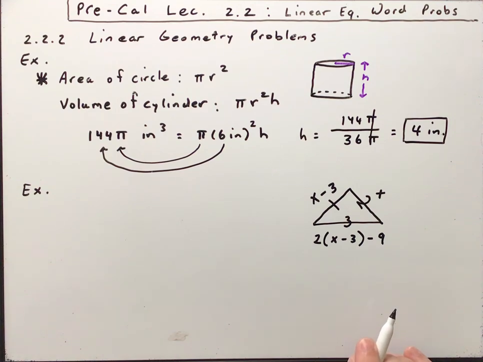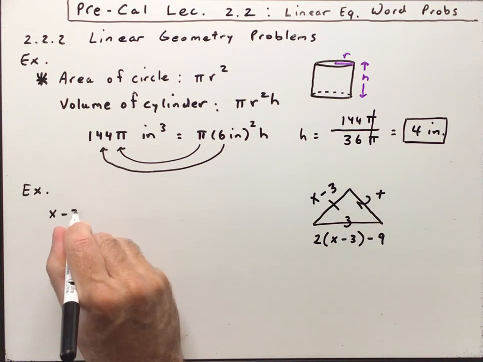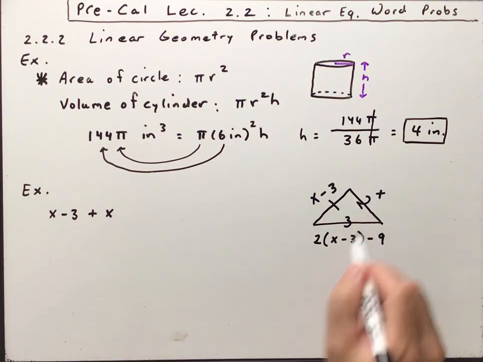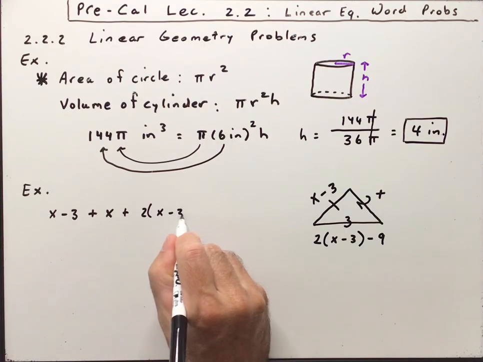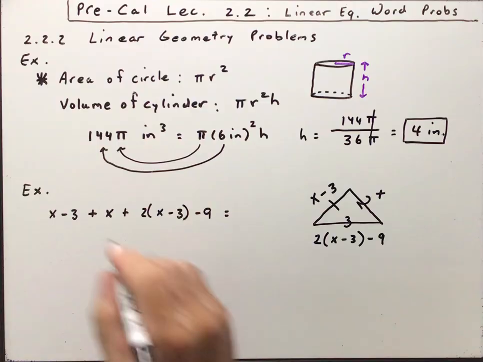All right, well, we know that the perimeter is 38 centimeters. So let's do an equation for the perimeter. It's going to be x minus 3 plus, so that's side 1, x, that's side 2, plus 2 times x minus 3 minus 9. So that's all three sides, right?